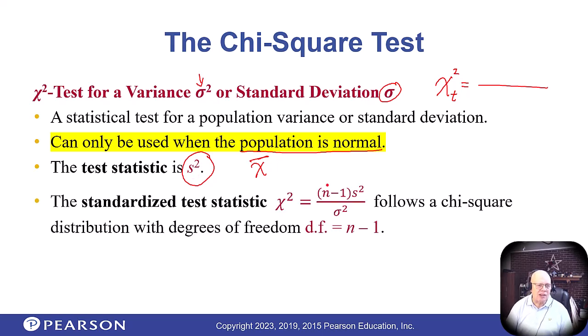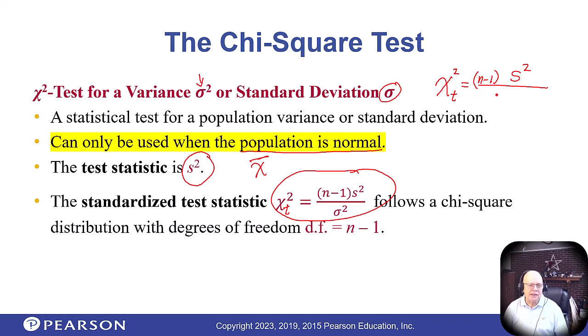The standardized one is this. Not real complicated, I don't think. So there's your test statistic. You have n minus 1, which, remember, that's the degrees of freedom. And your S squared goes up here. That's what you got from your actual sample. And down here, you'll have the variance for the population.